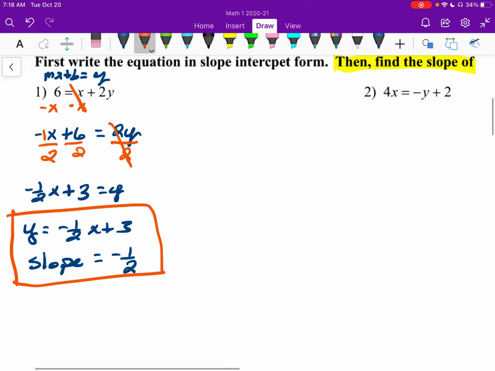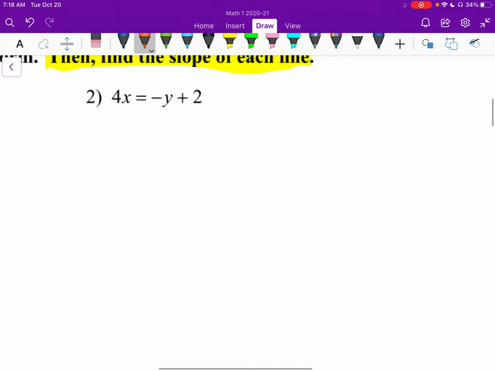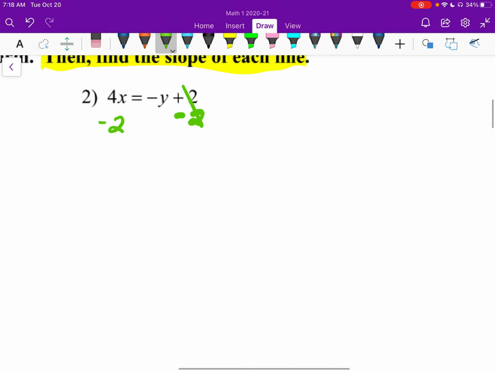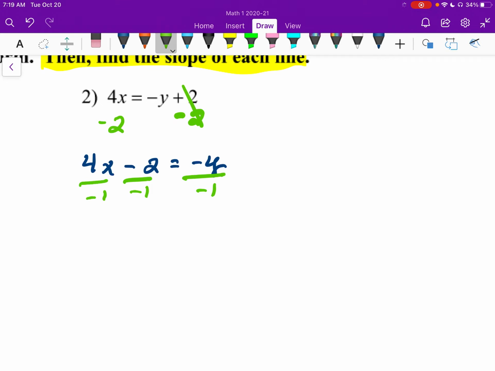All right. Number 2. Again, we want to get y equals. Let's start off by subtracting 2 from both sides. So the 2's there cancel, and I'm going to have 4x minus 2 equals negative y. Then I can divide everything by negative 1, because I have a negative 1 in front of my y.